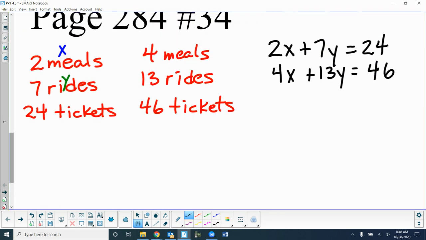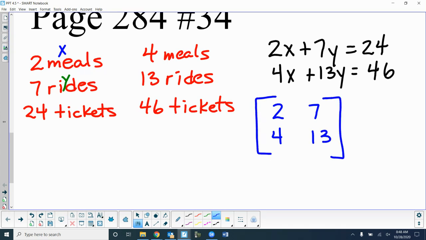Okay? So we're going to make the coefficients the A matrix. What's the dimensions? 2 by 2.